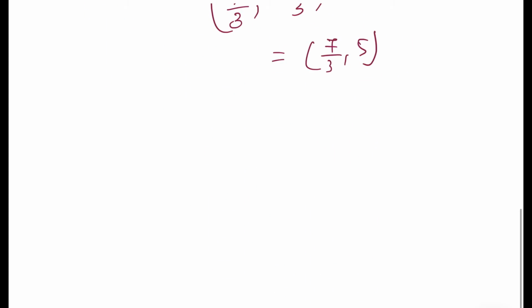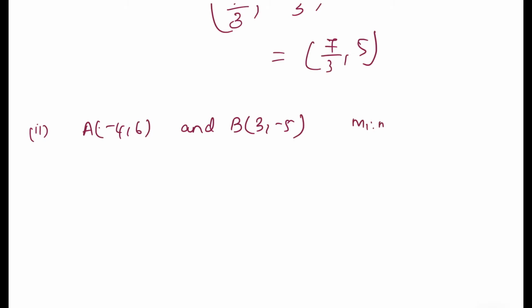Now coming to the second sub question. A (minus 4, 6) and B (3, minus 5) in the ratio m1 is to m2 equal to 3 is to 2.